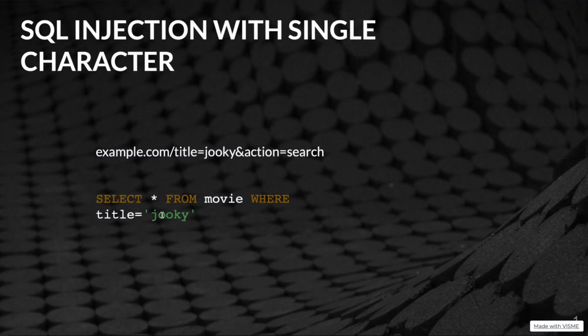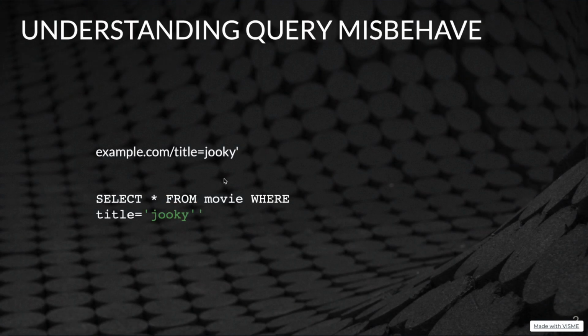In this particular scenario, you can see the query is enclosed by a single quote. This is the first quote, this is the last quote, and the string is enclosed by those quotes. Now in case of a single character, you can see the query is not enclosed by a single quote.